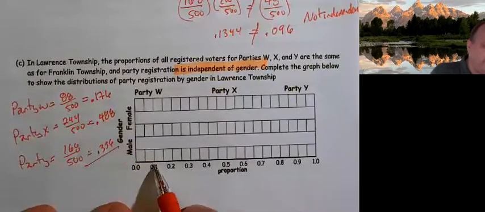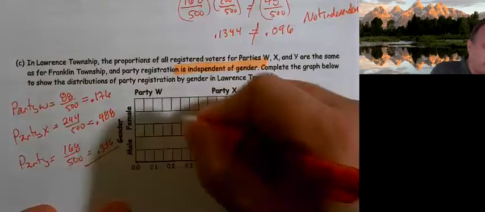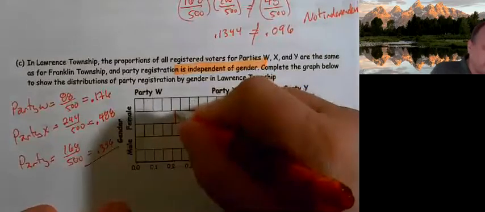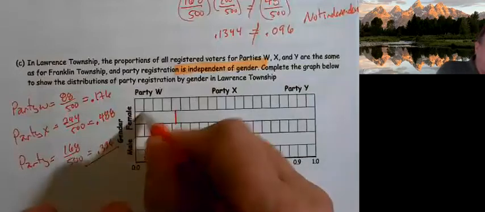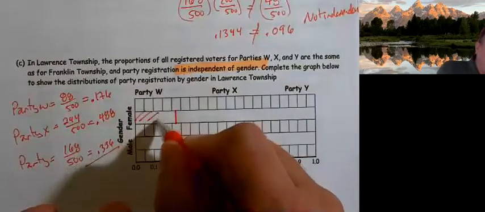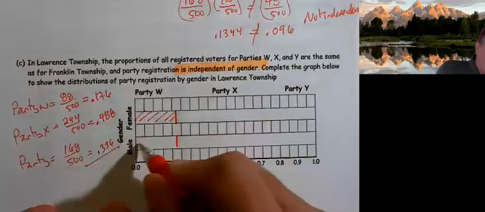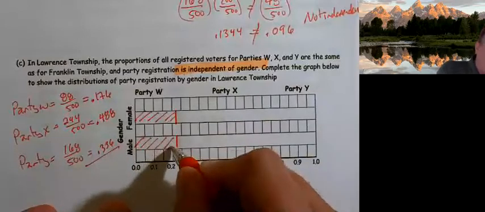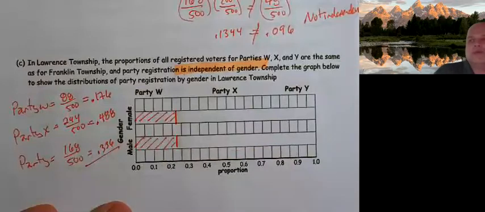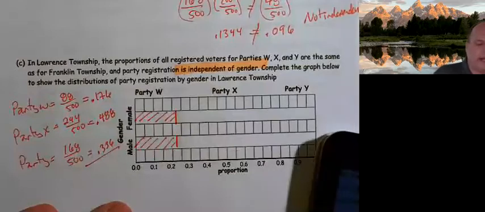Well, this is 10, this is 15, so somewhere in between here. And because they're independent, I know that the male and the female have exactly the same number. And it represents 0.176.